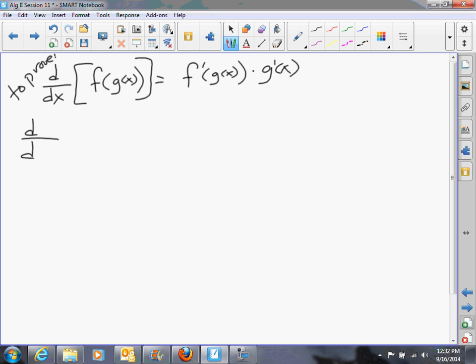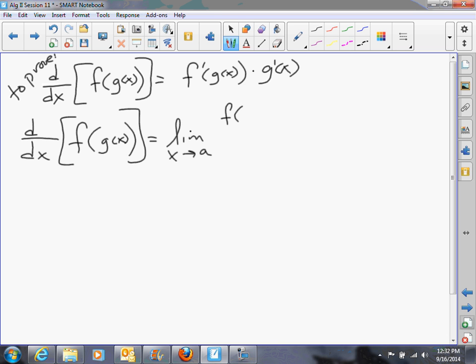So our first step, the derivative with respect to x of f of g of x, by the alternate form of the derivative, is the limit as x approaches a of f of g of x minus f of g of a over x minus a.